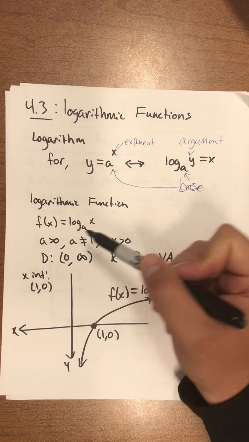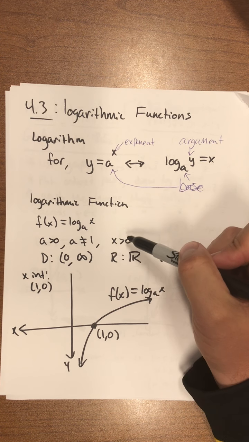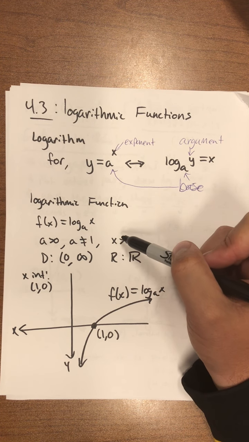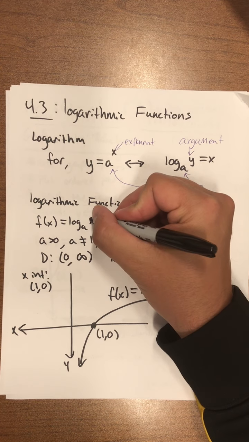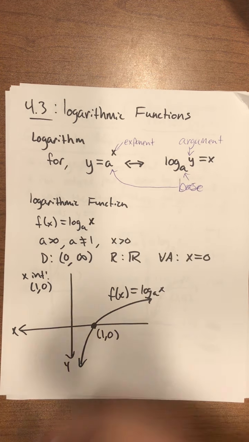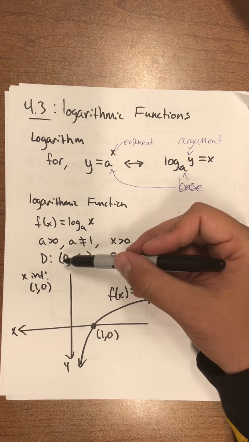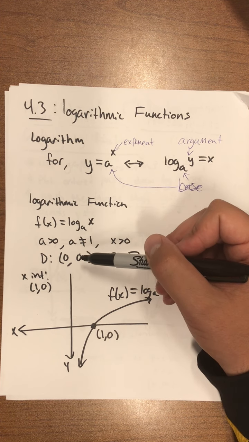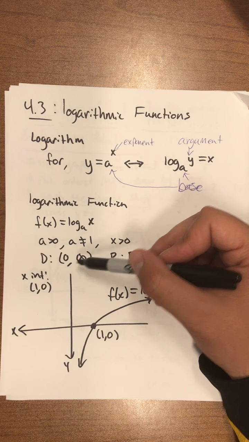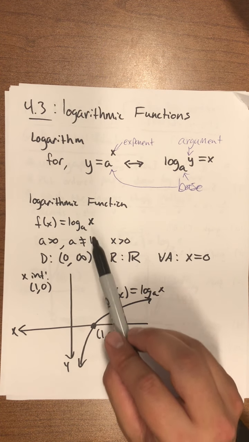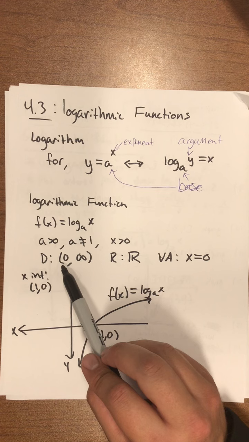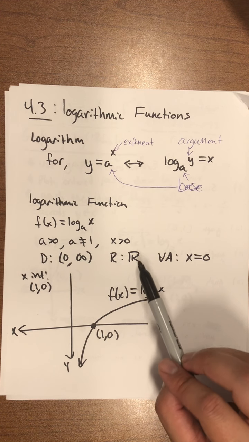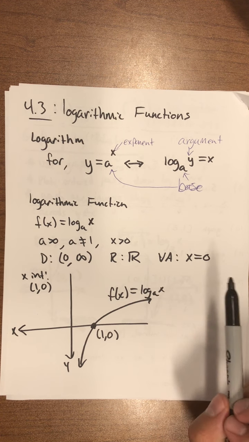A is strictly greater than 0, it can't equal 1, and the independent variable is a positive number, so x is positive. So the domain of the logarithm is the range of the exponential function, which is 0 to infinity. So the domain of the log function is 0 to infinity, not including 0. The range is all real numbers.